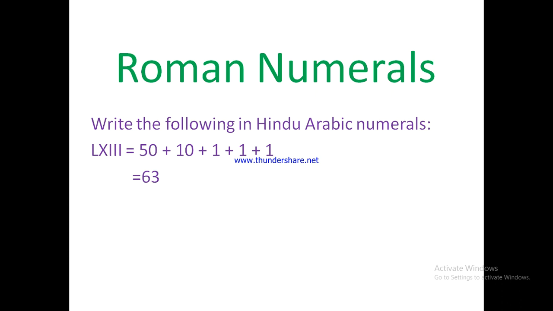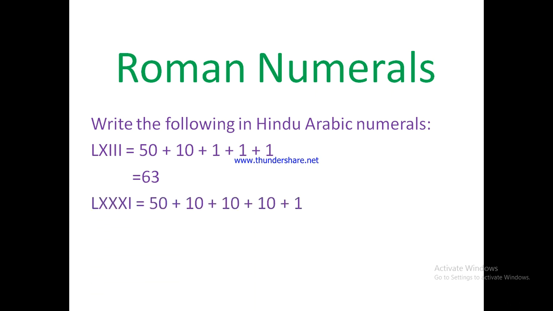It is 3 times. So L, X, I. What is the total? It is 63. 50 plus 10 plus 1 plus 1 plus 1. So L, X and 3 times I become 63 in Hindu-Arabic numerals.